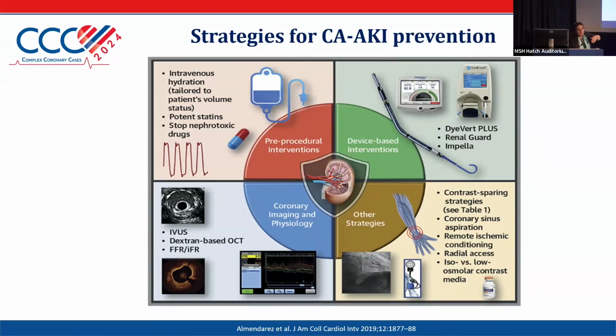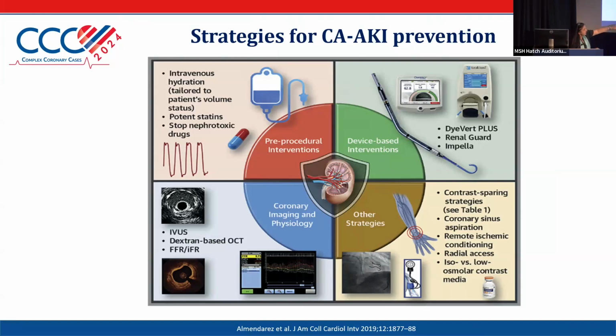But more important is this liberal hydration with some of these RenalGuard, which I'll show you, but Divert Plus, which is a system by which as soon as the coronary is filled, the rest of the dye is not given to the patient. So you're basically reducing the injections, and that's important. Use coronary imaging and physiology instead of continuing to press and give more dye, limiting your contrast volume.